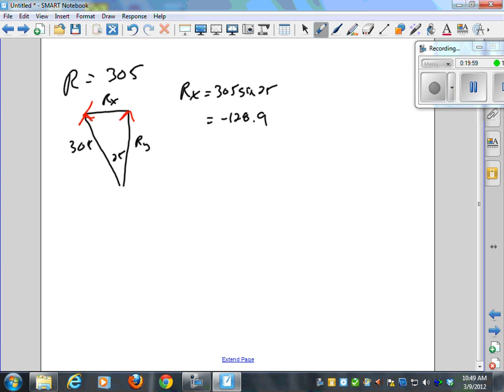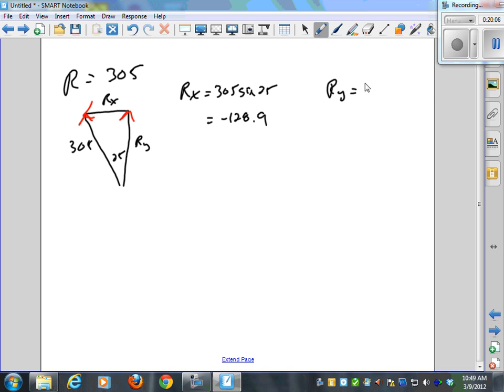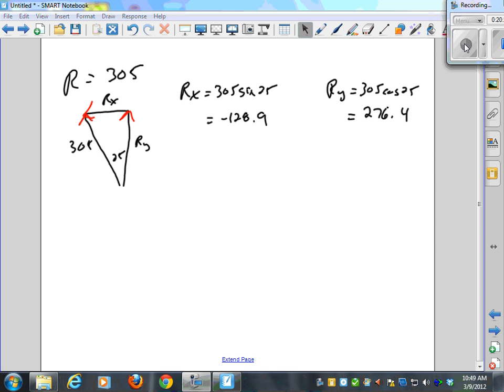The resultant y is equal to 305 cos 25, which is 276.4. There, that one's positive.